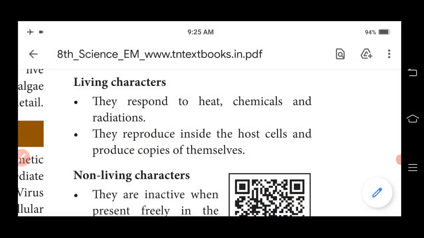So there are two important living characters: they respond to heat, chemicals and radiations, and they reproduce inside the host cells and produce copies of themselves.